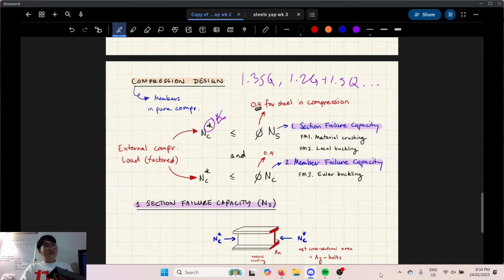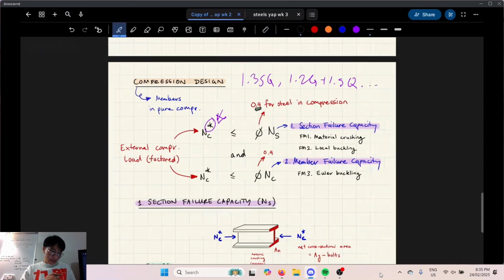For concrete, the numbers were 0.85 all the way down to 0.6 for brittle failure modes, 0.65 for flexure, and 0.75 for shear. Steel is just 0.9, so it's much more consistent. For timber, after you apply all the reduction factors, it's like 0.5, 0.6. It's pretty low.